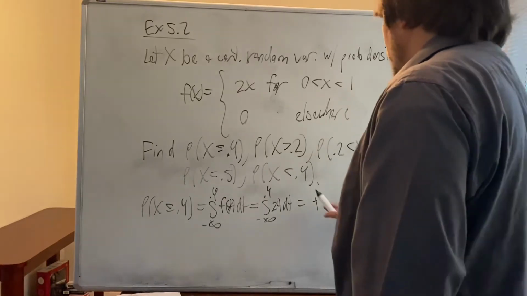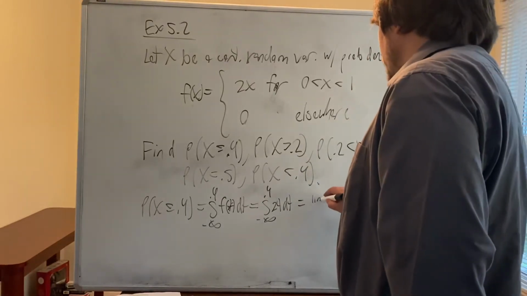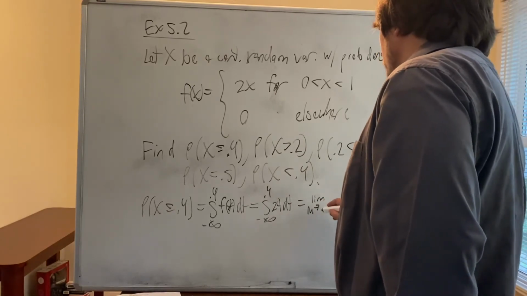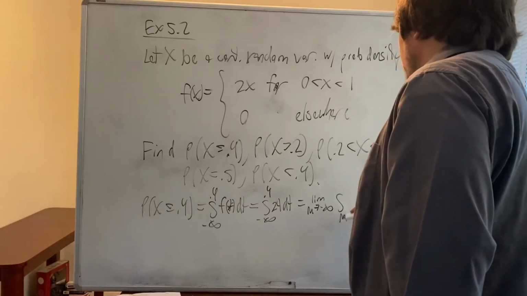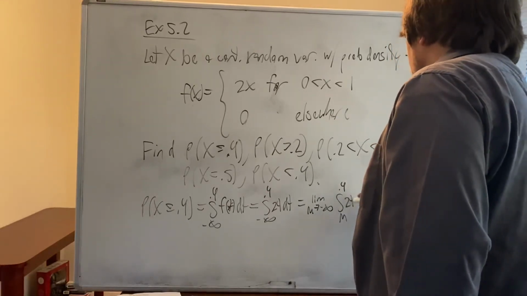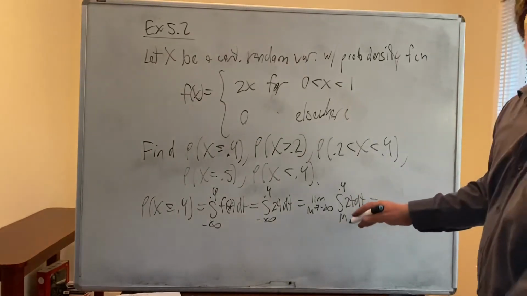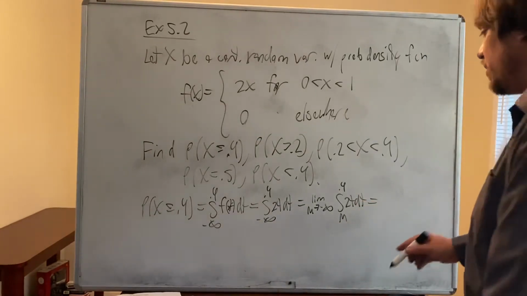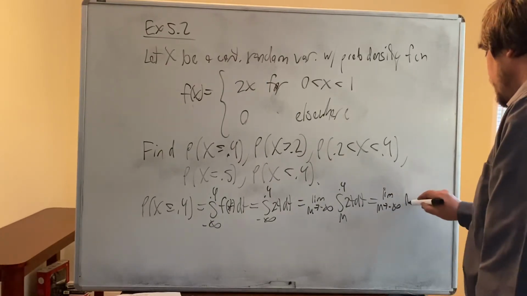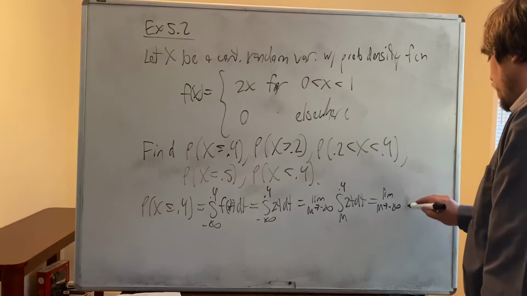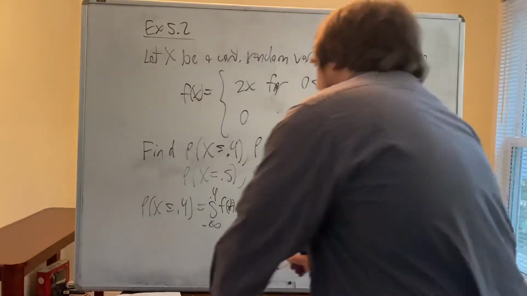So the way you compute an improper integral is by taking the limit as capital M approaches negative infinity of the integral from capital M to 0.4 of 2t dt. An antiderivative of 2t is t squared. So we take the limit as capital M approaches negative infinity of t squared evaluated from capital M to 0.4.